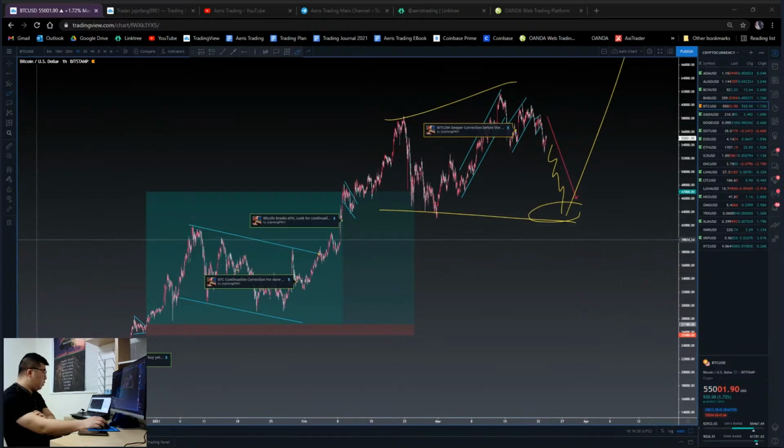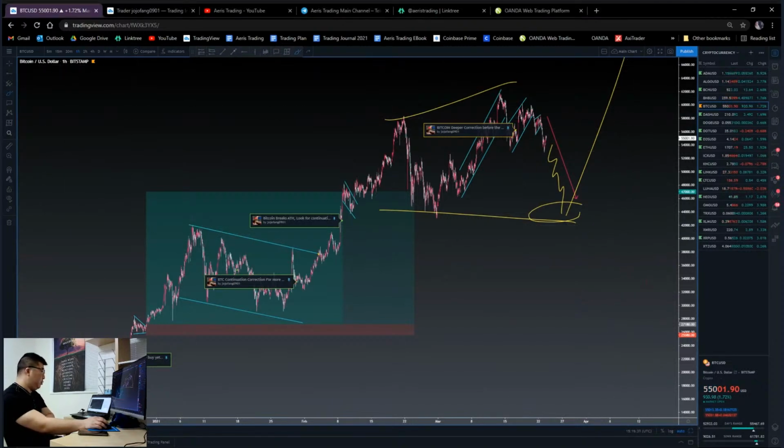I'm not sure which one you're referring to, which panel, which pair or entry. I set it to break even because it gives the price room to move. Everything you do in trading is double edged.